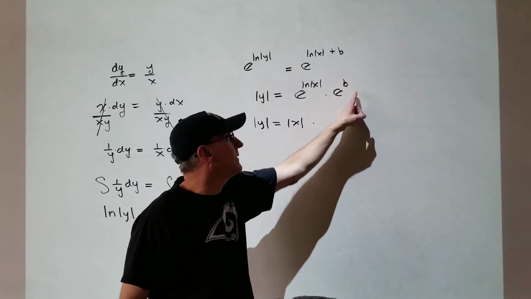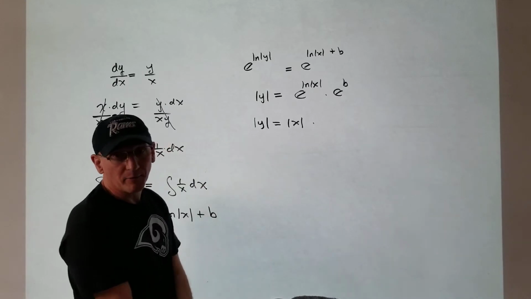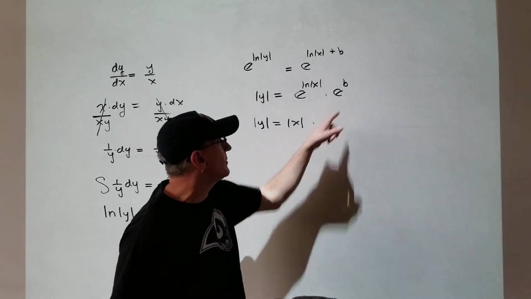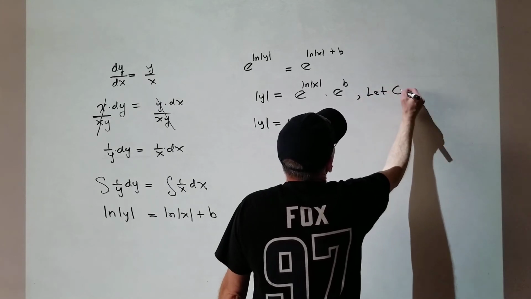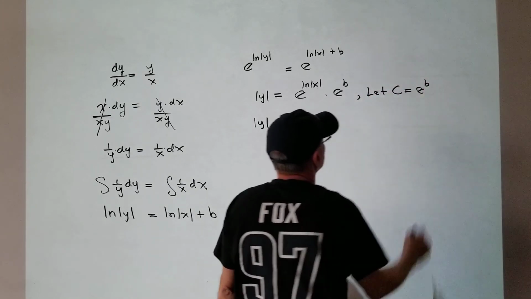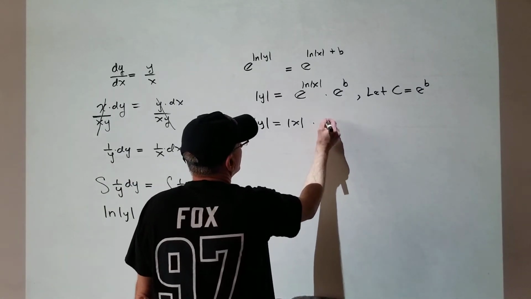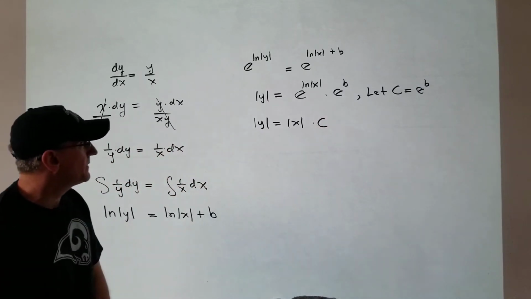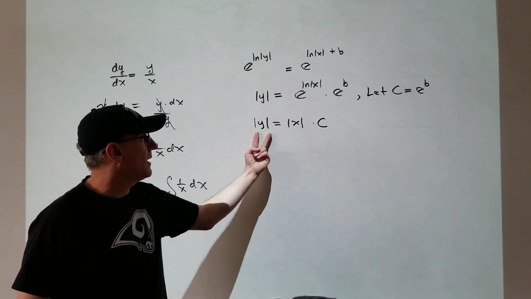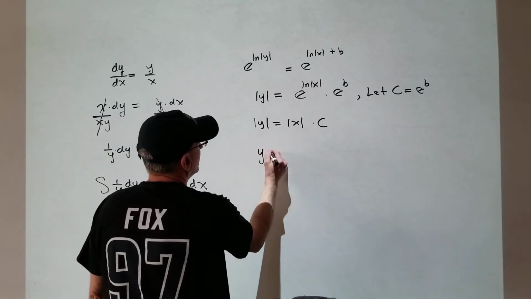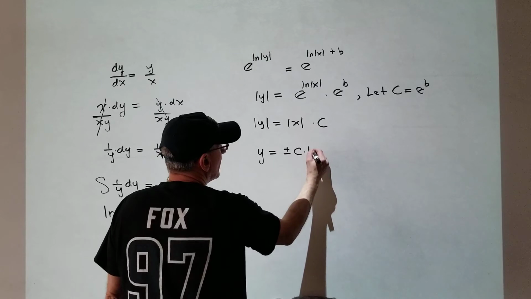And so in some sense, this constant is arbitrary also, although it does have to be positive because any power of e is positive. So right here you might say something like, let c equal e to the b. And then put c over here. And last but not least, you are going to take this absolute value off and set this equal to plus or minus c times the absolute value of x.